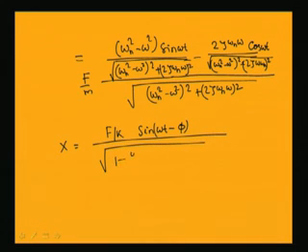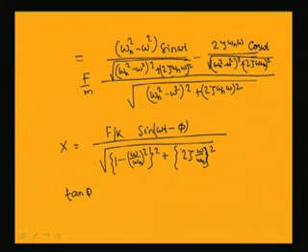1 minus omega by omega n whole square plus 2 zeta omega by omega n whole square. So, this is the same as the equation we have observed before, and here tan phi you can also write in terms of 2 zeta omega by omega n by 1 minus omega by omega n whole square.